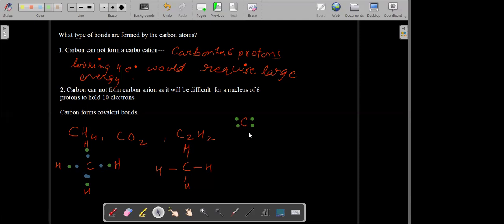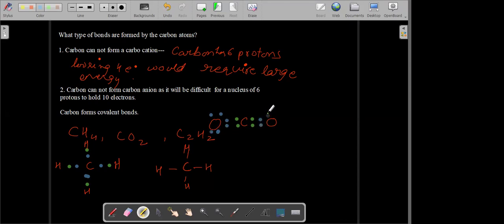Everyone see here. So this carbon has 4 electrons around it. And now we will write oxygen atoms. So 2 oxygen atoms on either side, and every oxygen atom consists of 6 electrons: 1, 2, 3, 4, 5, 6.